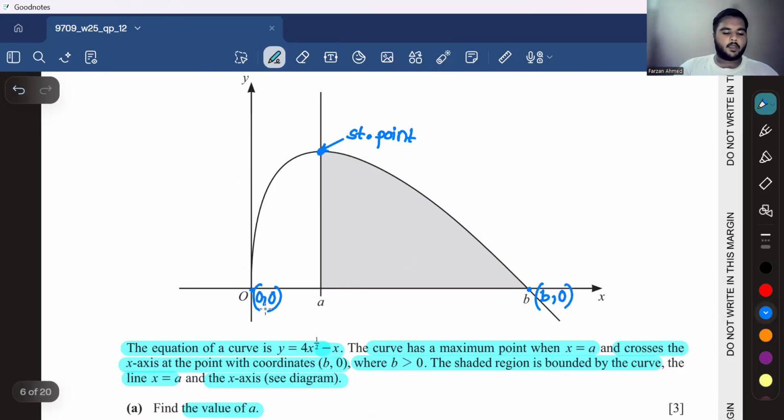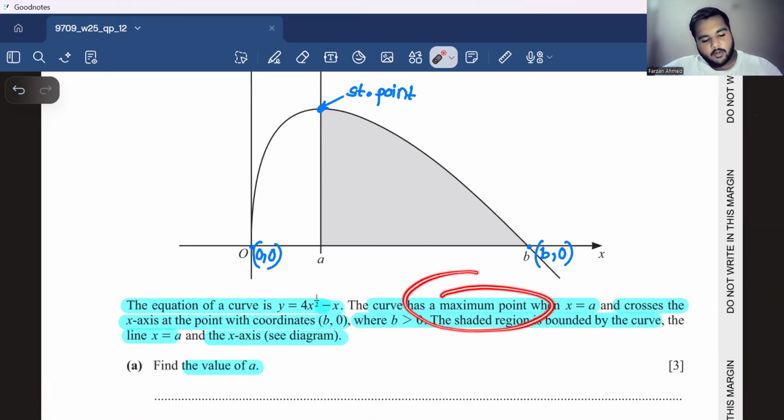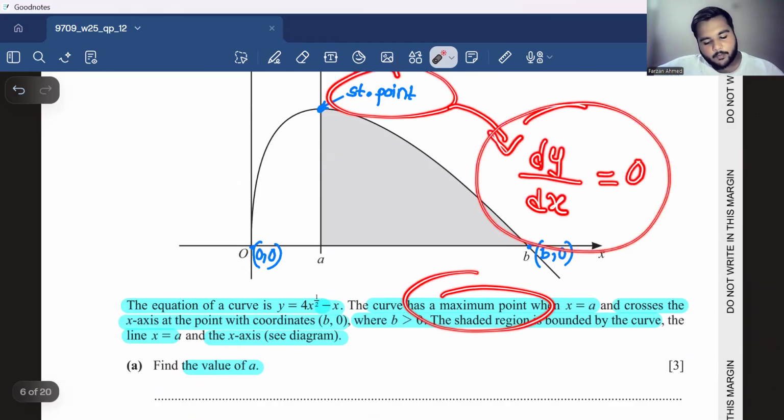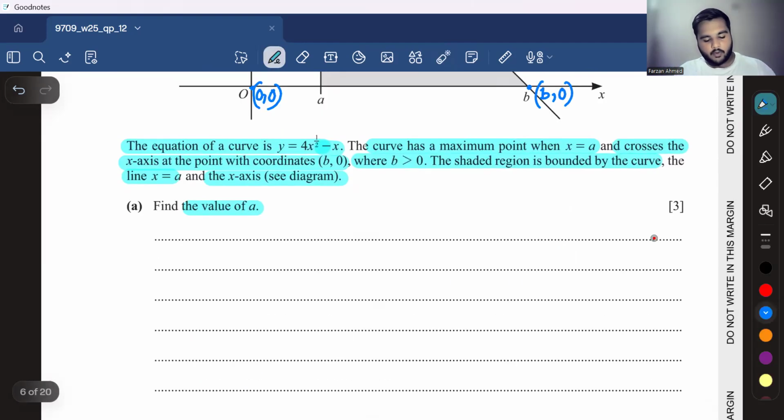So when we have a maximum point, a stationary point, dy over dx will be equal to 0. For that, first we will copy the equation, which is y equals 4x to the power 1 upon 2 minus x.